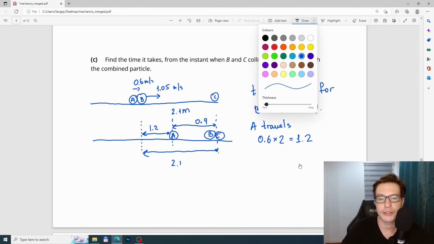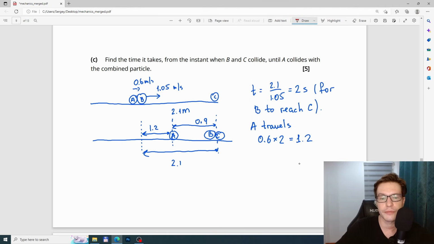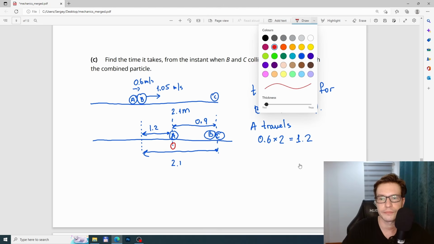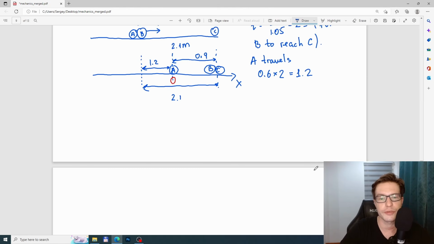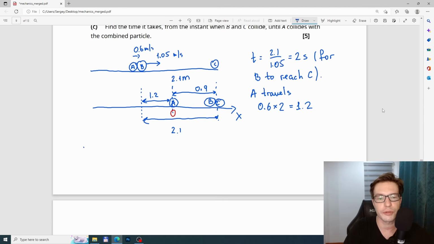Now, let's say that the position of A when particle B and C collide is going to be the origin, so it's 0. Now, the x-coordinate of A, and I will say that the x-axis is pointing to the right, would be velocity of A, still 0.6, times time.